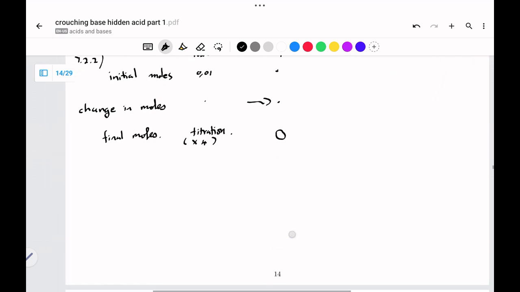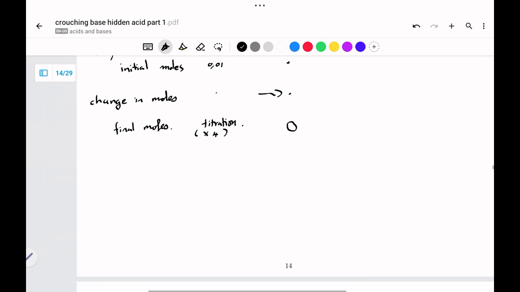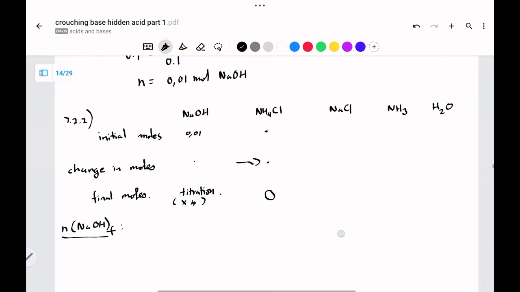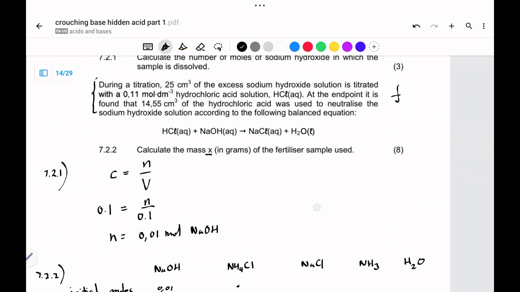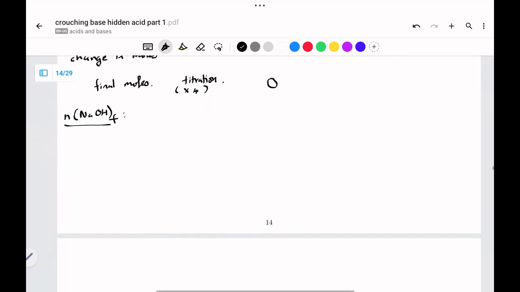Okay. So let us now go and find the final moles of sodium hydroxide. This is the goal now. We're given a volume and a concentration for the acid. Again, you can use the titration formula, and I would actually prefer to use the titration formula, but I'm not going to do it now.